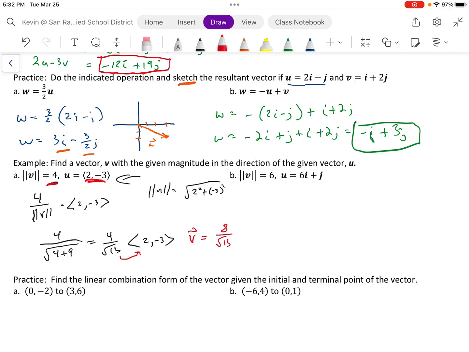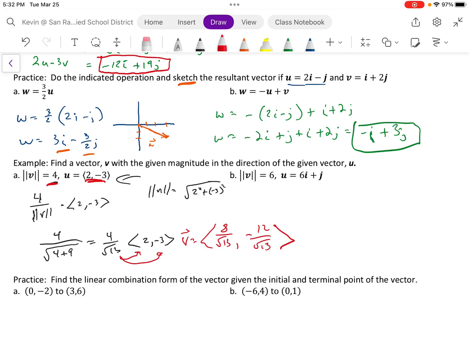So 8 over root 13, oops, this is a vector, so I need to get i in there. And then negative, and again distribute this here, negative 12 over root 13 j. Let me try to clean this up a little bit.